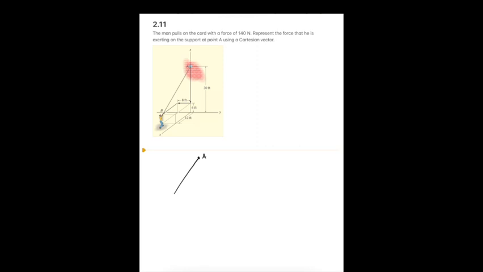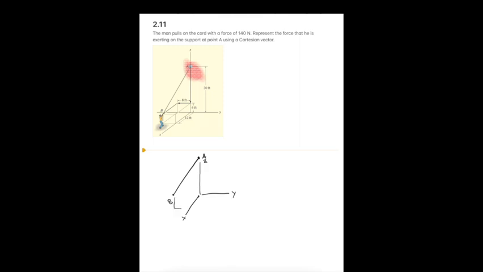So the first thing we want to do is draw this out. We can draw this with point A, point B, and we want to lay out the x, y, and z coordinates. So here is our y-axis, here is our x-axis, and here is our z-axis.